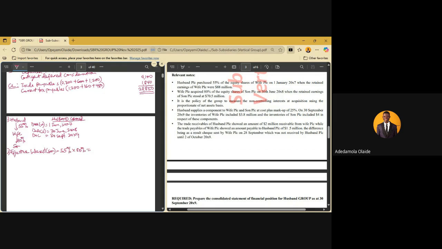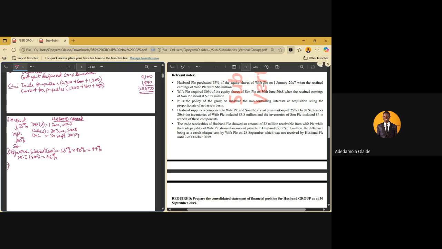Please, let's bring out our calculator. That will give us 44%. And with that, NCI in Son will be 56%. Then we can now move to note 3.